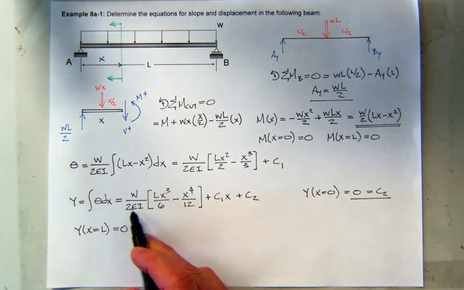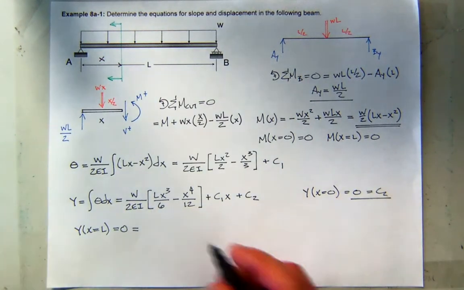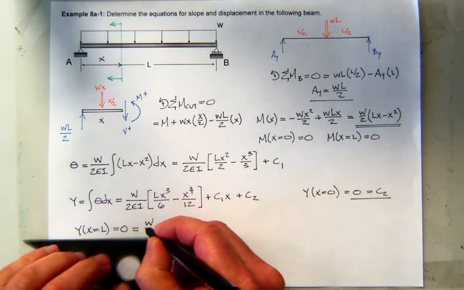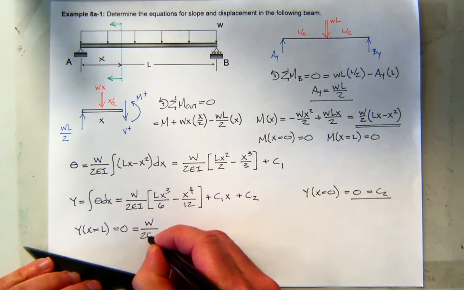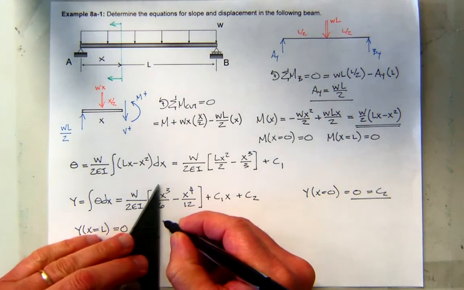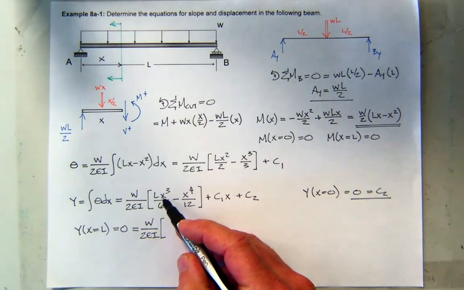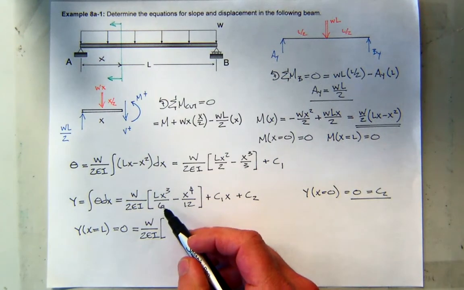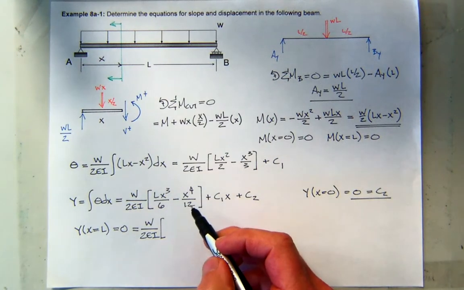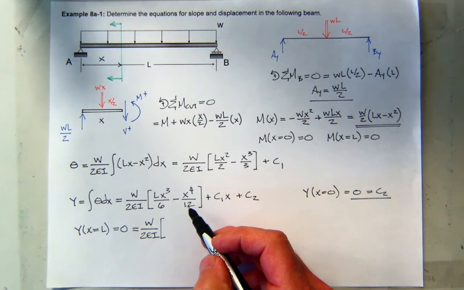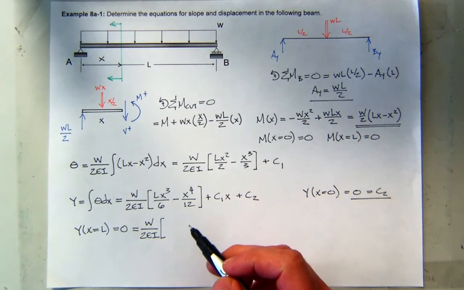Well, I have to plug in L everywhere. I've got my constant sitting out front, W over 2EI, and let's see what we get. I put an L here, I get L to the 4th over 6 minus L to the 4th over 12. What's that? That's L to the 4th over 12.